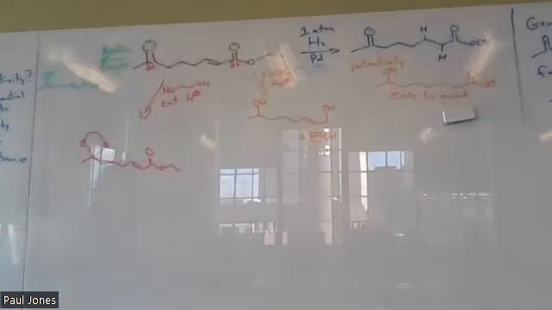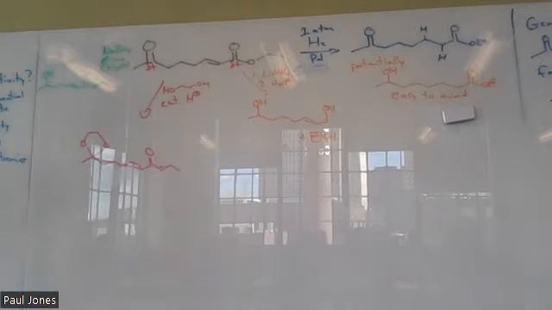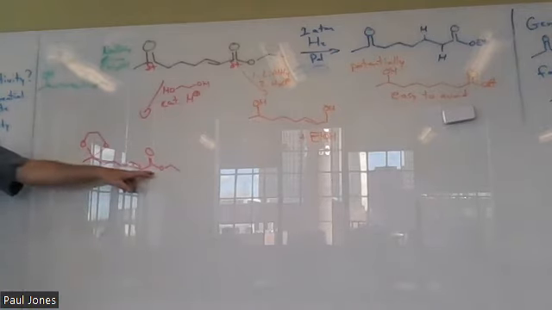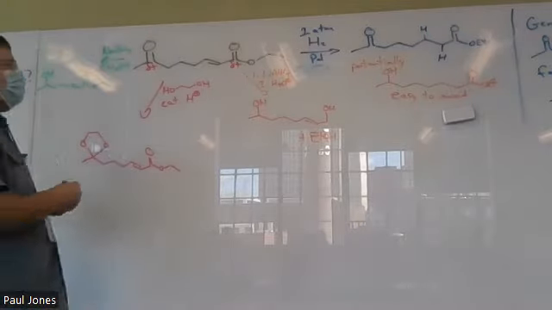All right, so this acetal actually lets us, the reason we would want to do that is it's going to let us do chemistry on the ester without doing any chemistry on the ketone. All right, so let's say you wanted to do this.